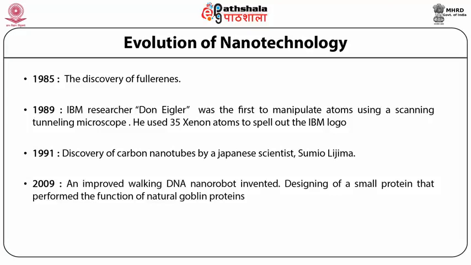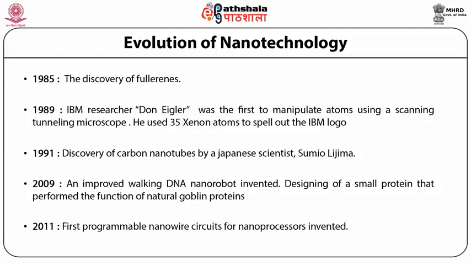In 2009, an improved walking DNA nanorobot was invented. The design of a small protein that can perform the function of natural globulin protein was also achieved. In 2011, the first programmed nanowire circuit was used for nanoprocessors.